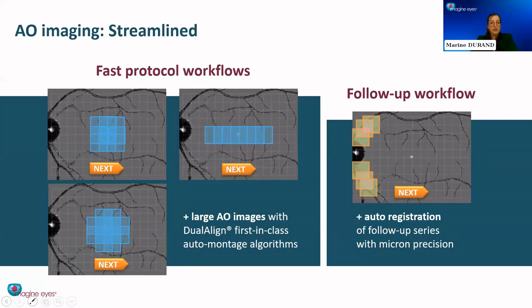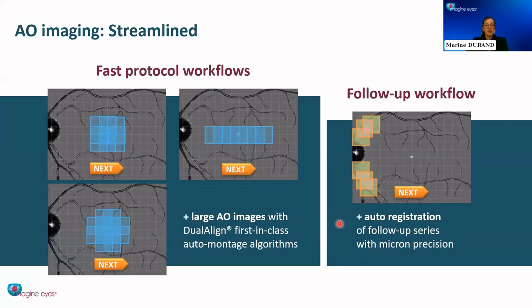With this protocol feature, we have also made the follow-up exams easier because there is a follow-up protocol which replicates, as you have seen here in the animation, the previous sequence of images that have been captured on a given patient, and it guides you for taking again the same images, and this enables to accelerate the workflow.